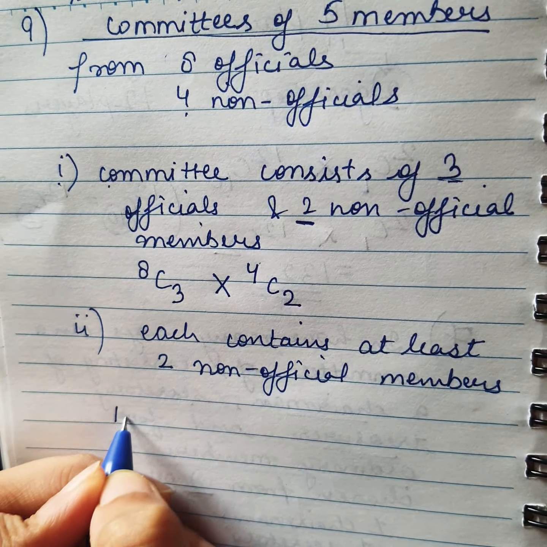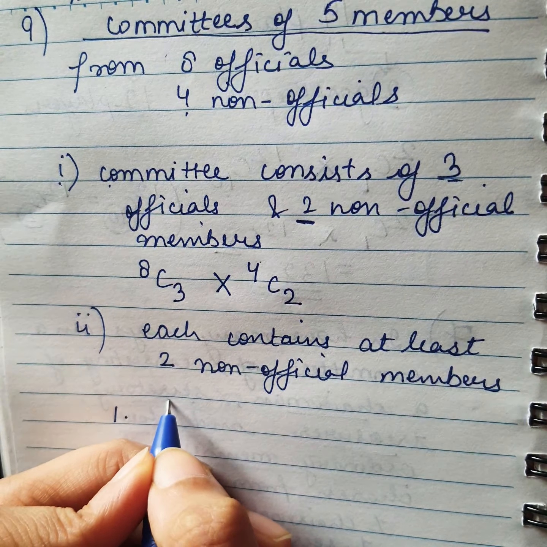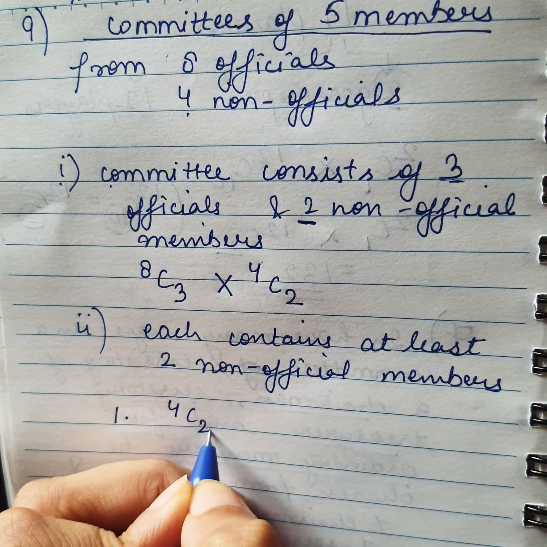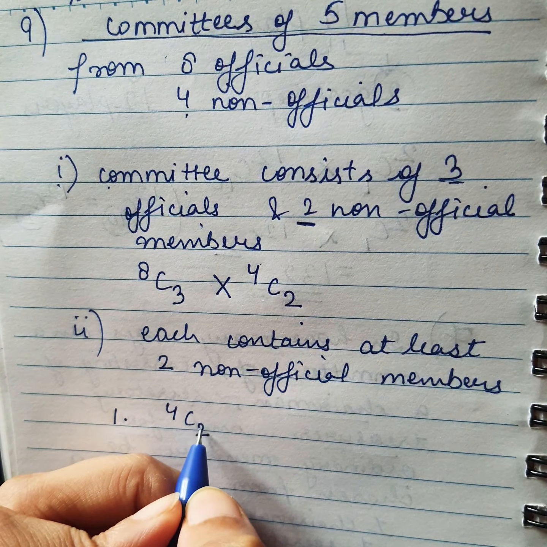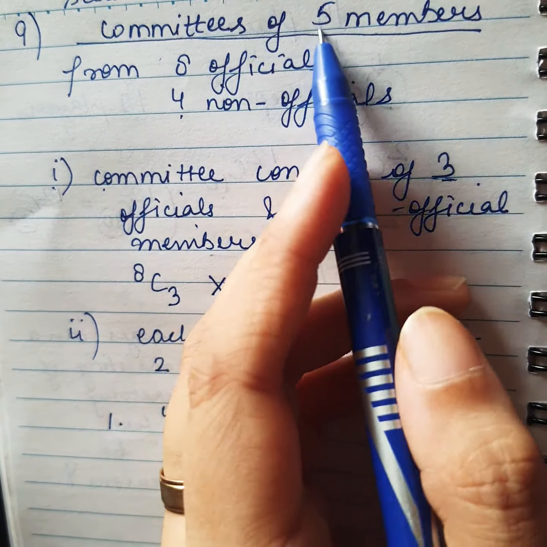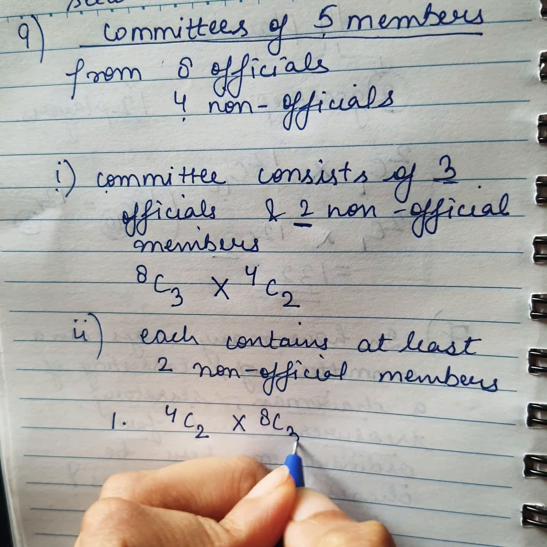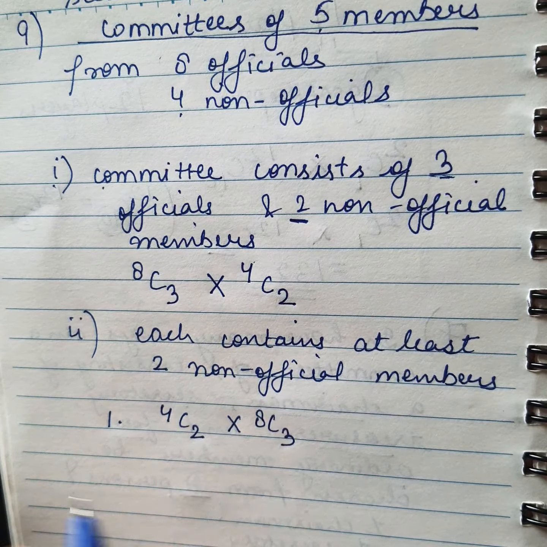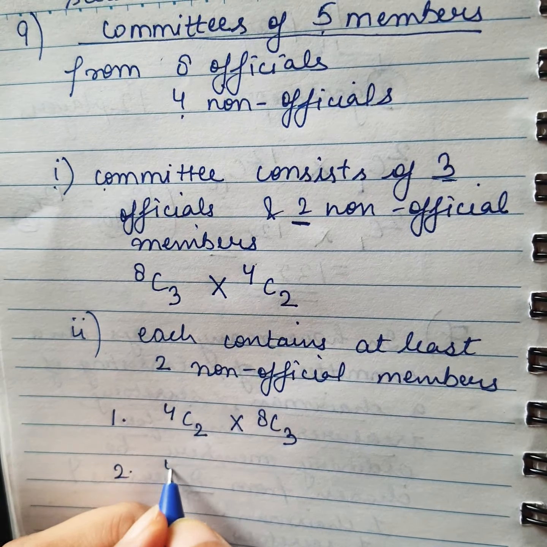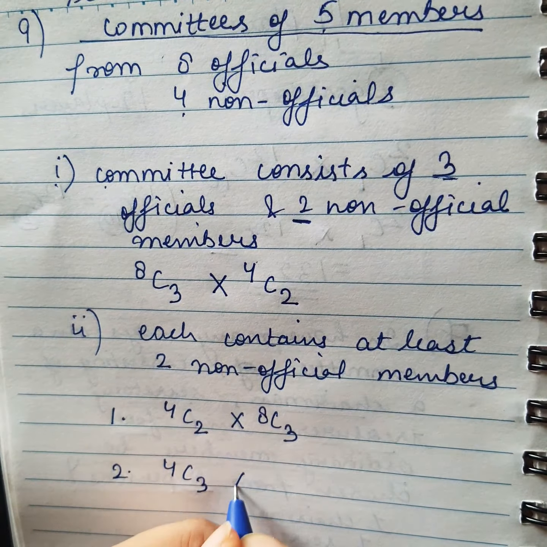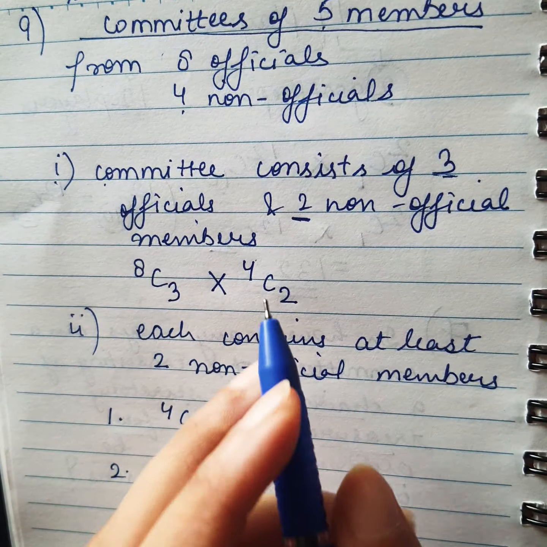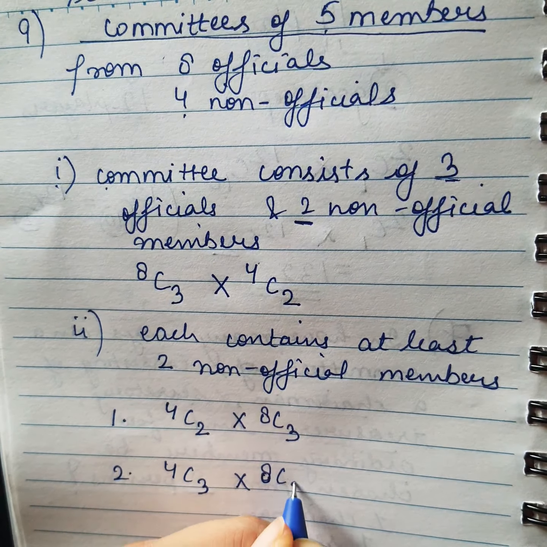First combination, we are selecting exactly 2 non-officials. So to complete a total of 5 members in the committee, I need to select 3 from officials. Or the other case can be, I am selecting 3 from non-officials, so to complete 5 members, I need to select only 2 officials.